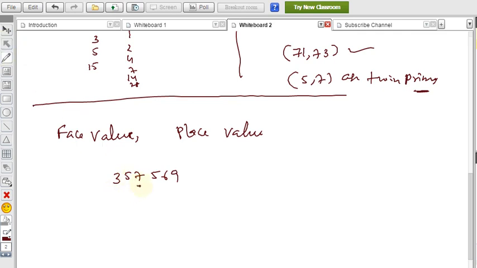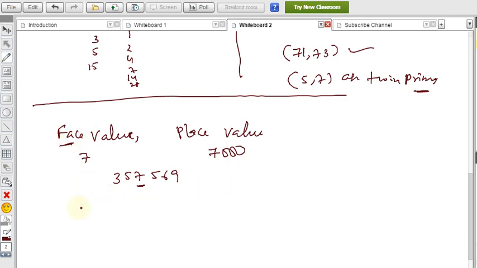The face value of 7 is only 7, because the face value is the number itself. But the place value of 7 is 7,000. Place value is 7,000, but face value is 7 itself. Face value is directly that number.